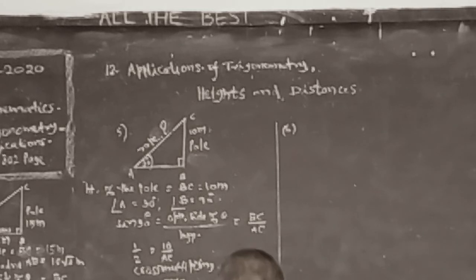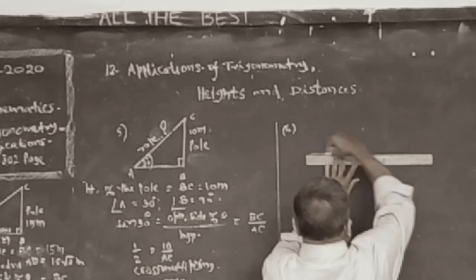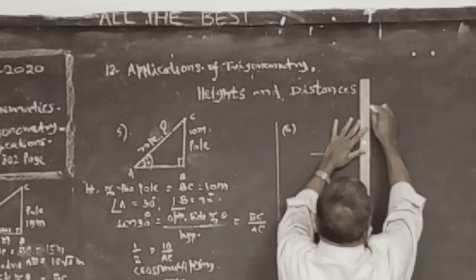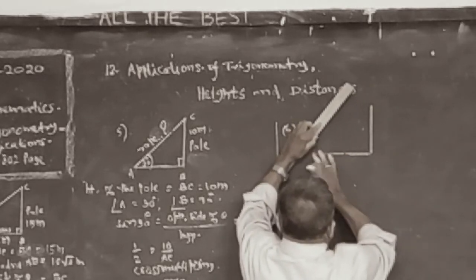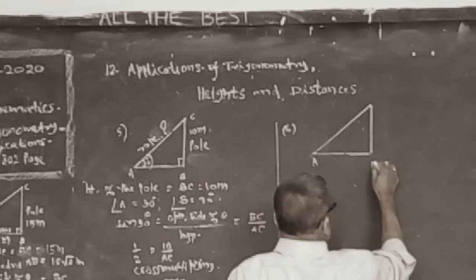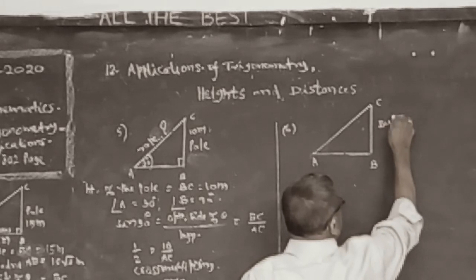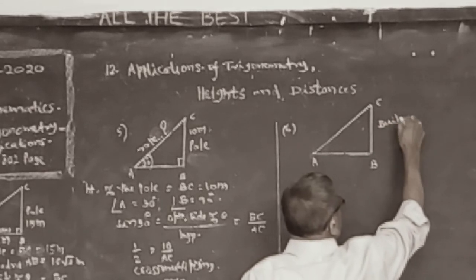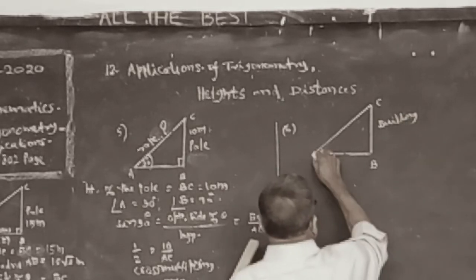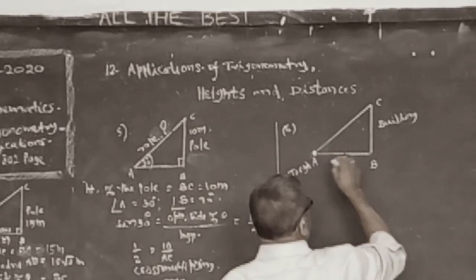Height of the building is given as 6 meters. A, B, C. Building. Target A.